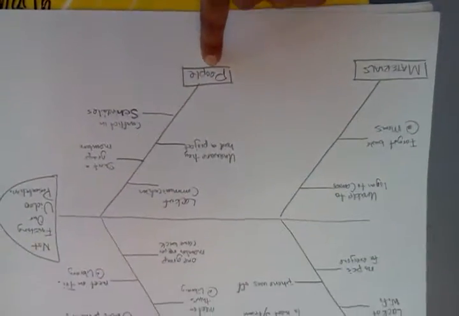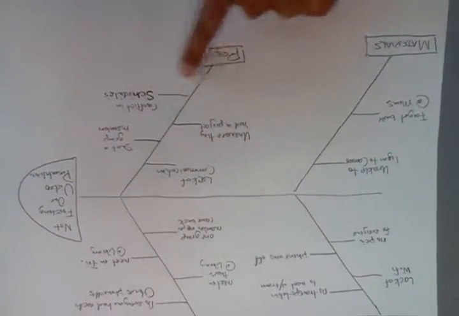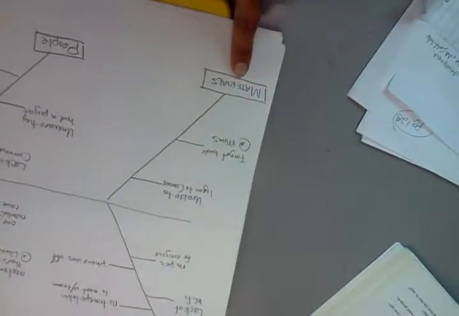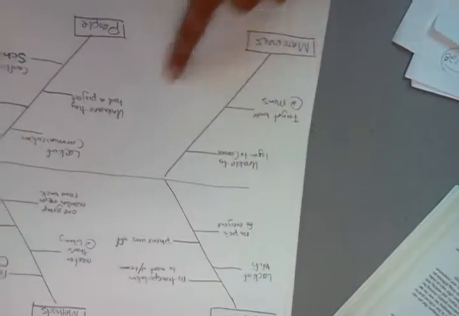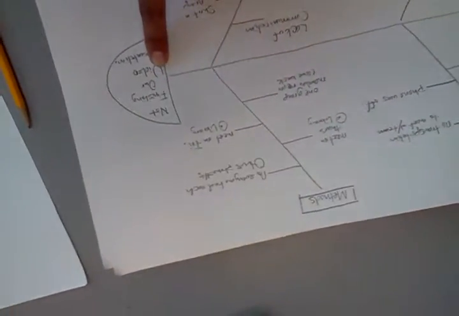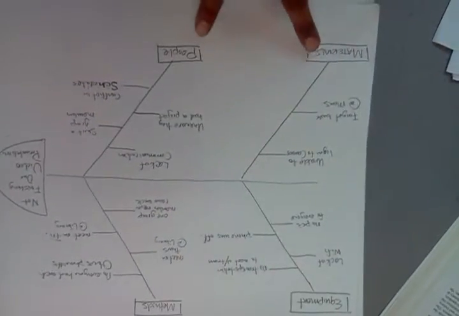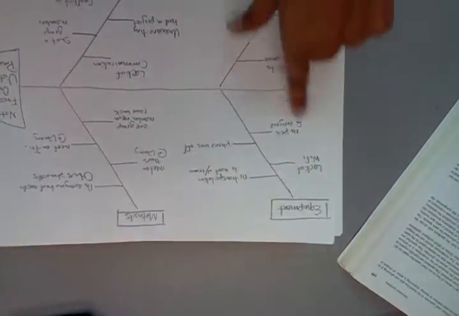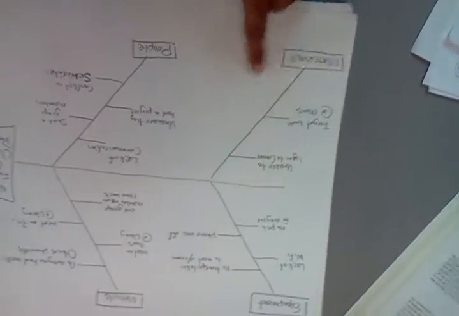The people, our group, get the video done. And the materials we needed to use to get the video done. So these four categories right here are the main categories in our fishbone diagram.